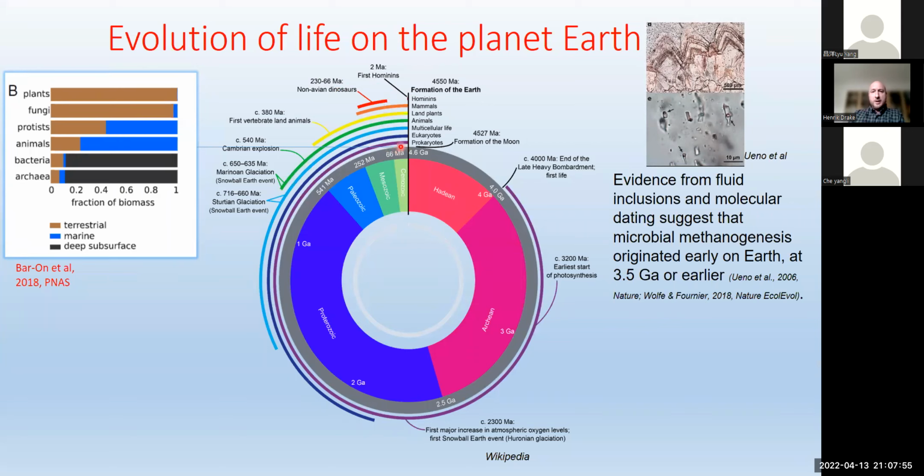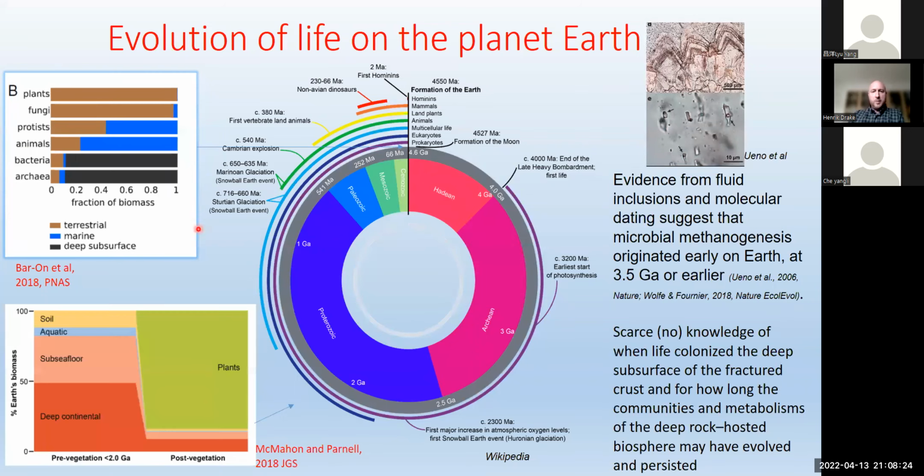But if we look at what we have today, according to this study in PNAS, most of bacteria and archaea are probably in the deep subsurface compared to marine and terrestrial, whereas plants, fungi, protists, and animals are completely dominated in superficial environments.